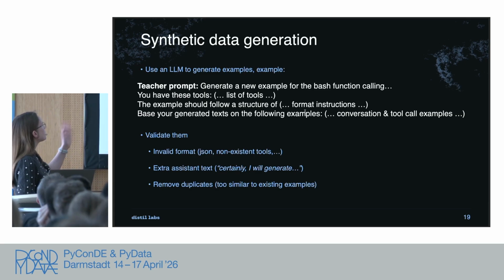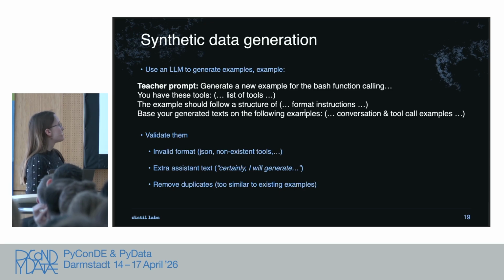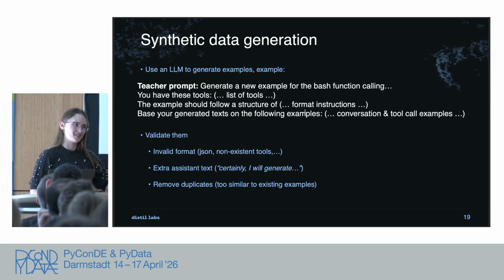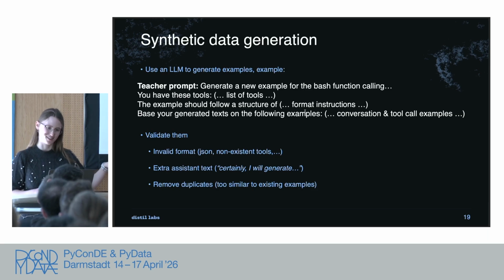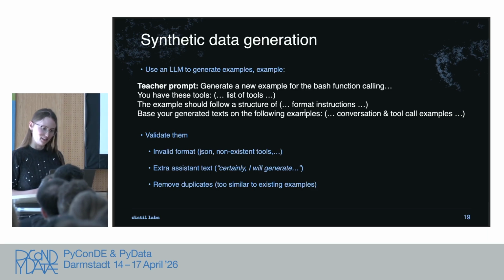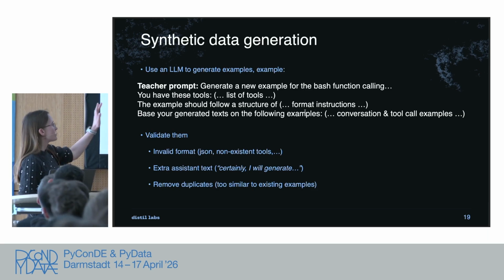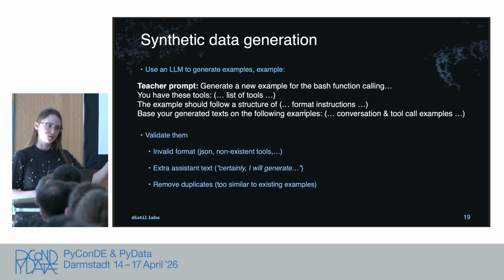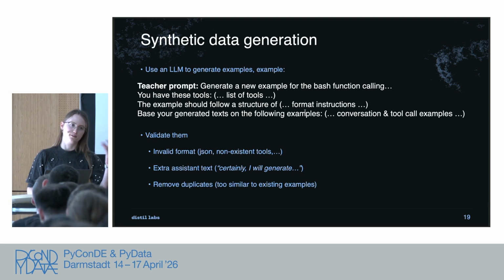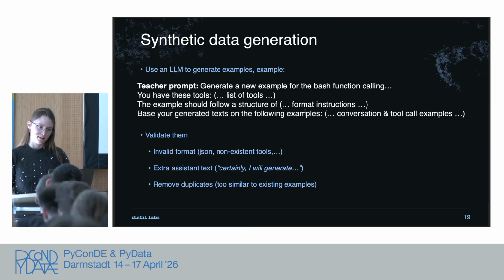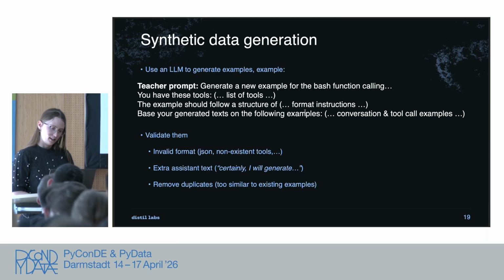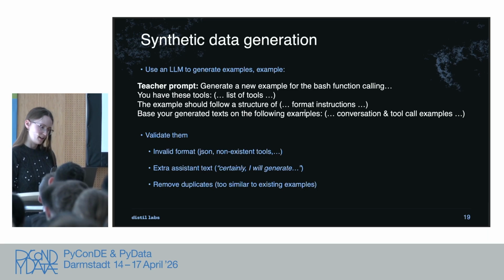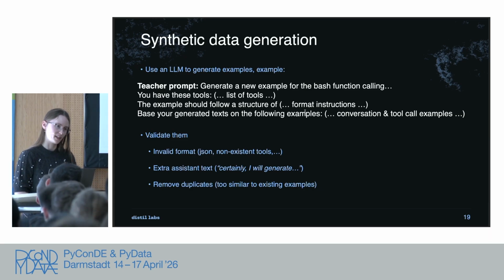You have these functions, and it should follow, and then you make a list of JSON formatting requirements, how it should look, etc. And finally, you say, it should look like those examples. And you put in the conversation, like user, tool call, and then a final tool call. And then the LLM generates something, which is sometimes correct, sometimes not.